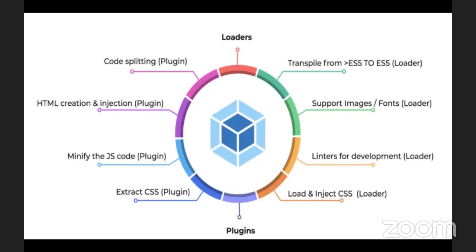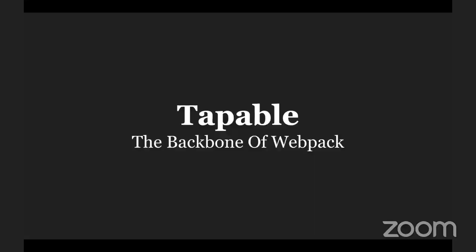What in general these loaders do is they take files, usually with a test, a specific file extension, and load it in the form of a JS module. Because what Webpack gives you at the end of the day is a set of JS modules, right? So Webpack's intention is creating modules. That's the reason you load other format files with a loader, and the loader's work is to create JS modules.